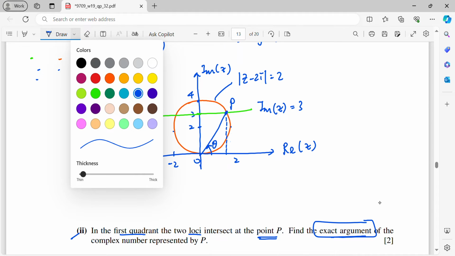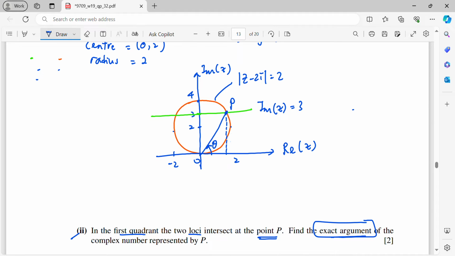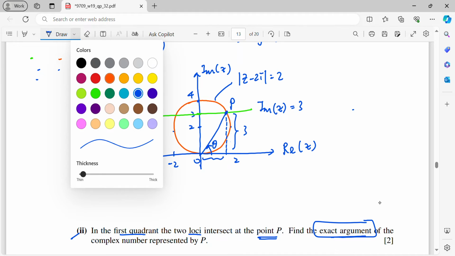Then now what to do is I need to find out what my height is here. This is 3. And I need to find out what my horizontal distance is. Okay, how do I get the horizontal distance? We know that the circle has radius 2.